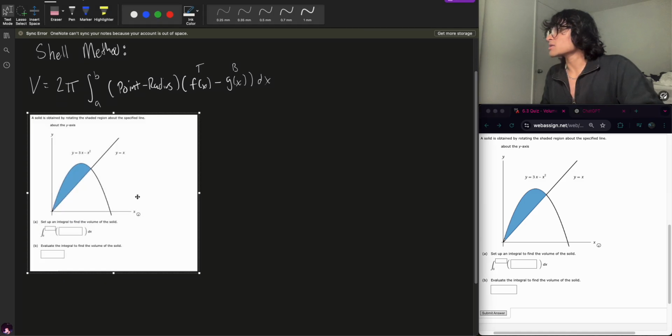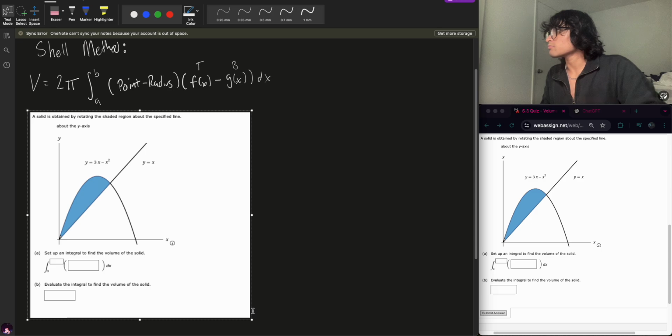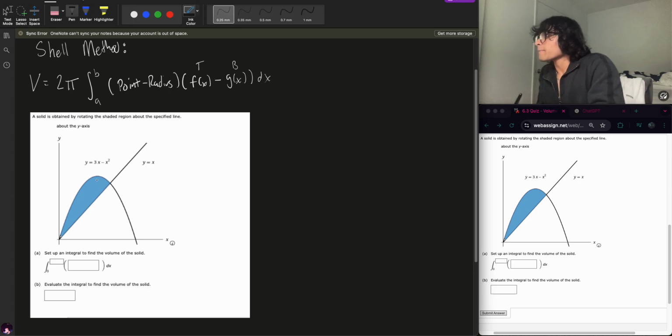It's going to be much easier to play around and graph with. Okay, so we have our y-axis. We have a parabola, which is y equals 3x minus x squared. And then we have a straight linear line of y equals x.